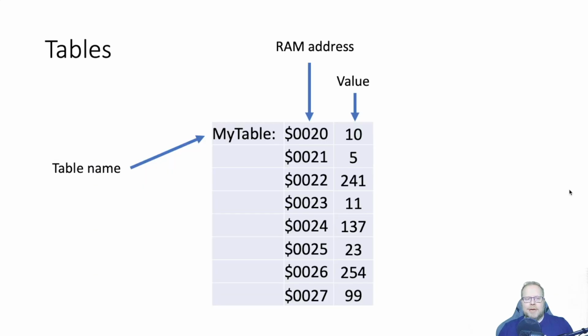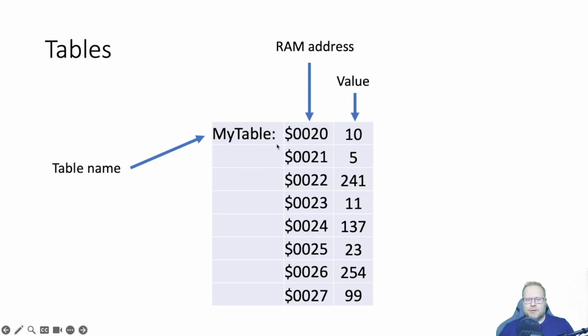Well, here we go. This is the table called my table. And the label, everything is written exactly the same as we would do it if we were making a variable. So my table here, that's just this RAM address 20, and it has this value 10.